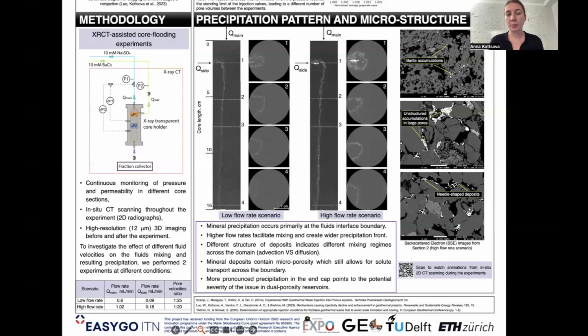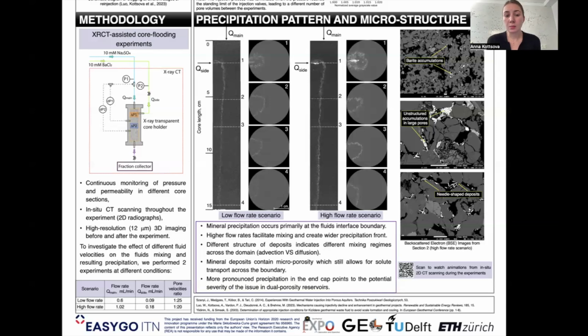And there is a second shape of deposits, which are needle-shaped deposits. This morphology indicates uninterrupted growth of the mineral. So it means that this was a low velocity area, which was mainly controlled by diffusion. Another important feature that we see is that in the large accumulations, we still do not see complete blockage of porosity.